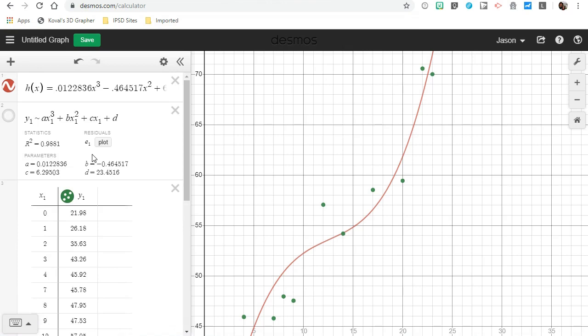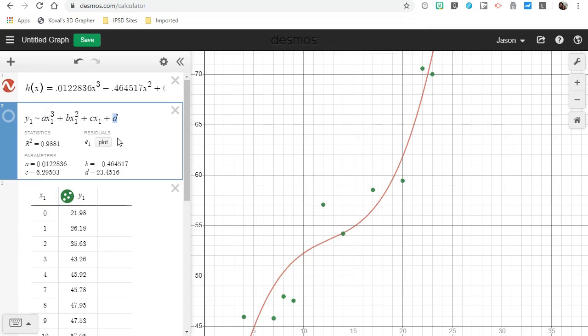One last thing about problem 3 is that if we want to do this on Desmos, I didn't actually tell you how to do this. So you can take x1 and y1 and type them in here, and then put y1, then the tilde, and then put a bunch of coefficients in front.